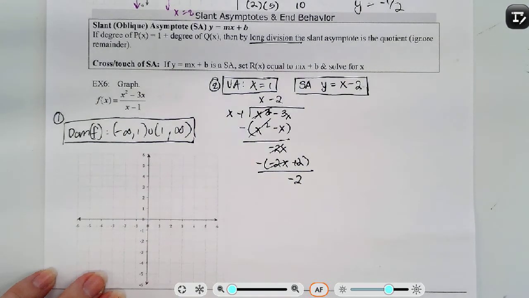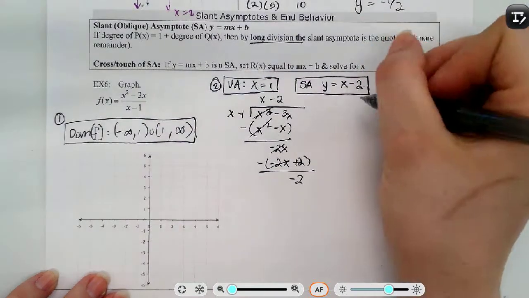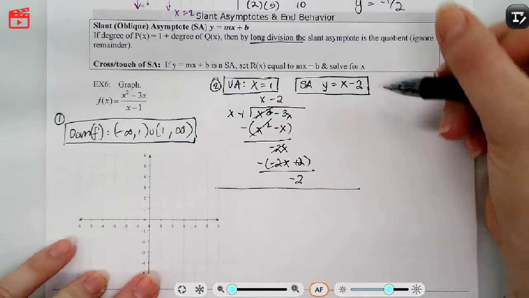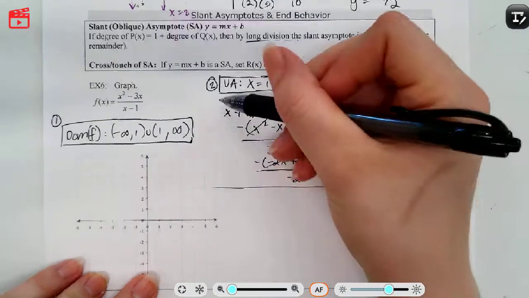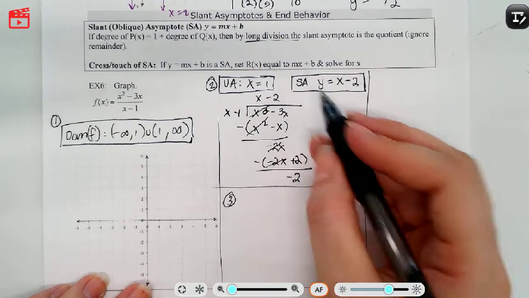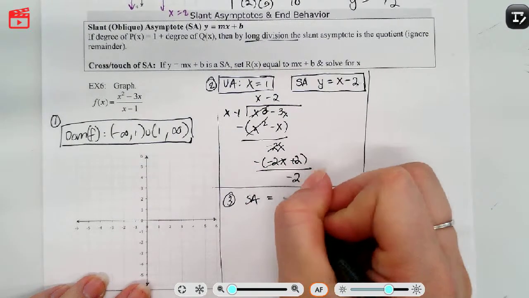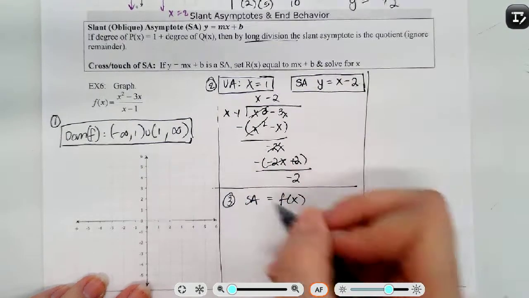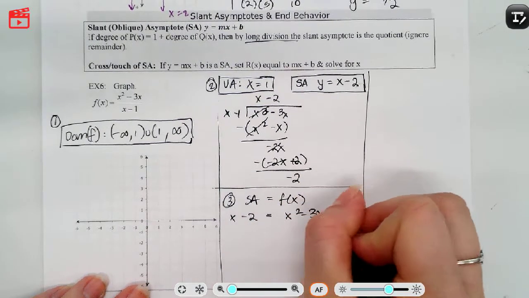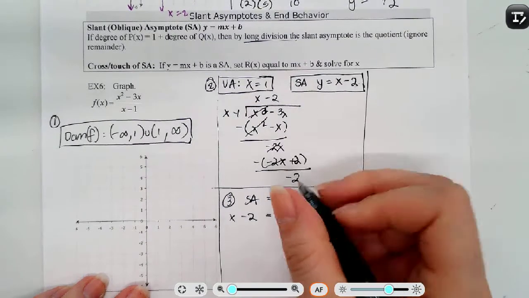All right, now next, let's see, do we have any cross touch points? Okay, 3 cross touch points. So we'll set our slant asymptote equal to our function and check. Slant asymptote is x minus 2 equal to our function, x squared minus 3x over x minus 1.